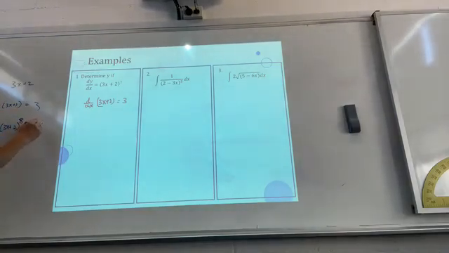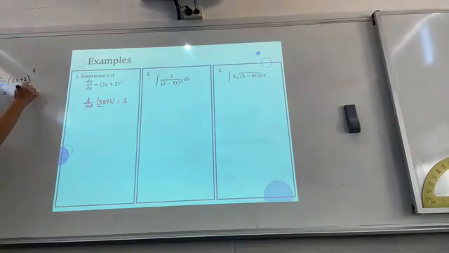That would be 8 times (3x plus 2) to the power of 7 times 3. Correct? So you need to deduce how we go back to link that to (3x plus 2) to the power of 8.